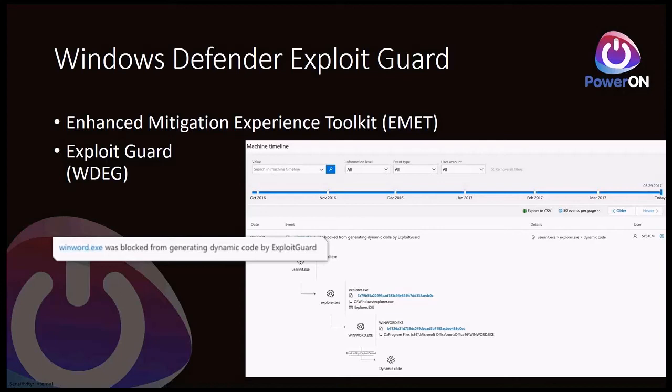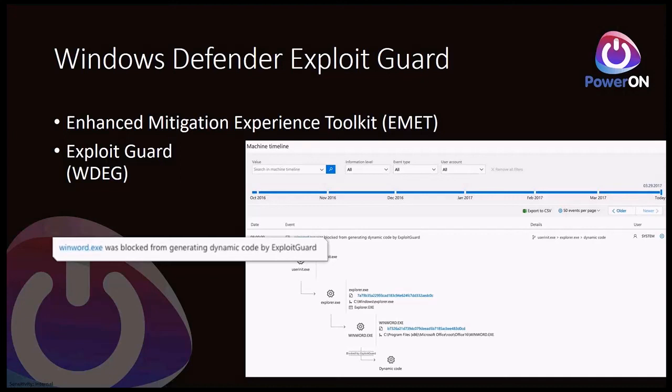It's currently due to be withdrawn next year, middle of next year, but the reason for that is it's been pulled into Windows Defender. So actually within Windows 10, from this autumn update, we'll have Exploit Guard. Exploit Guard has many of the same features.